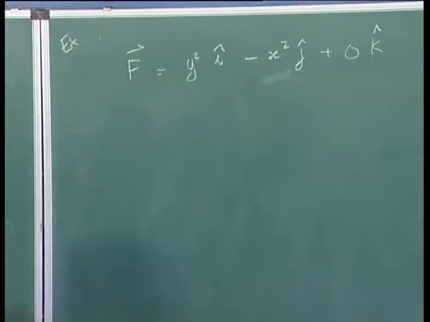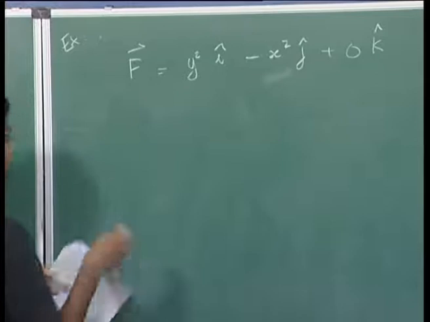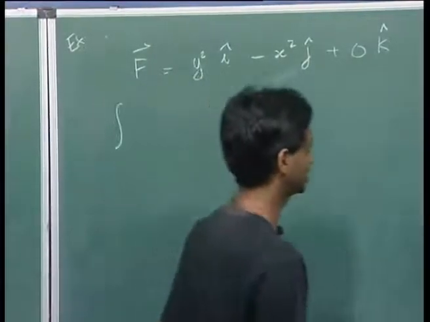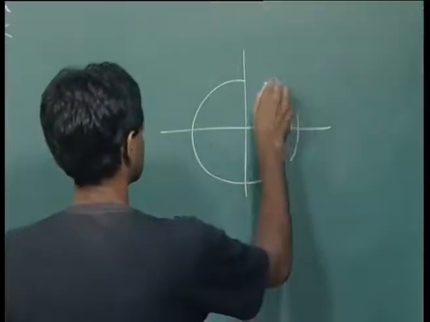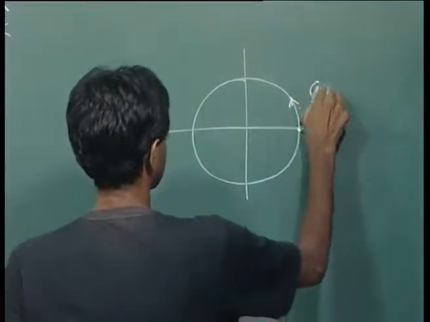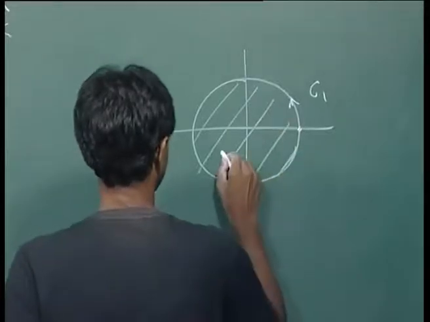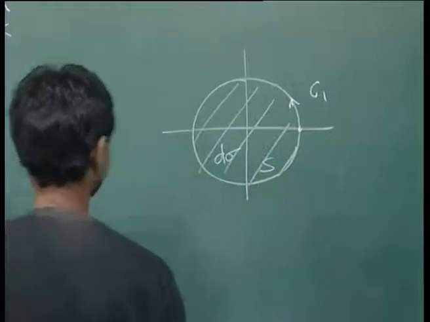Okay, so now you are asked to calculate the closed integral along C1 and compare it to the area integral over S.